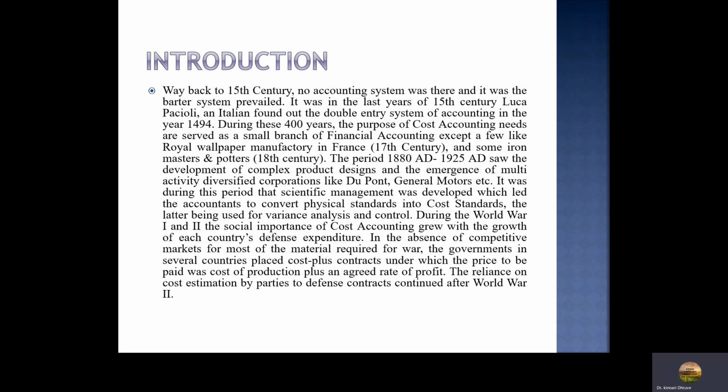The accounting needs of these multi-conglomerate companies changed from simple bookkeeping to various branches of accounting. It was during this period that scientific management was developed, which led accountants to convert physical standards into cost standards, the latter being used for variance analysis and control.